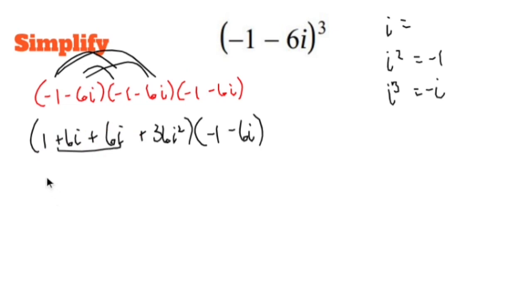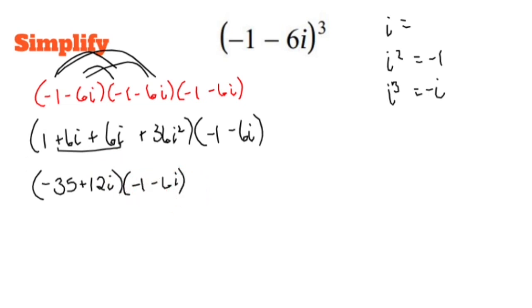These two combine to make 12i. While I'm at it, 1 plus 36i squared combines because i squared is negative 1. So i squared becomes negative 1, which makes this negative 36. 1 minus 36 is negative 35. So negative 35 plus 12i times negative 1 minus 6i.